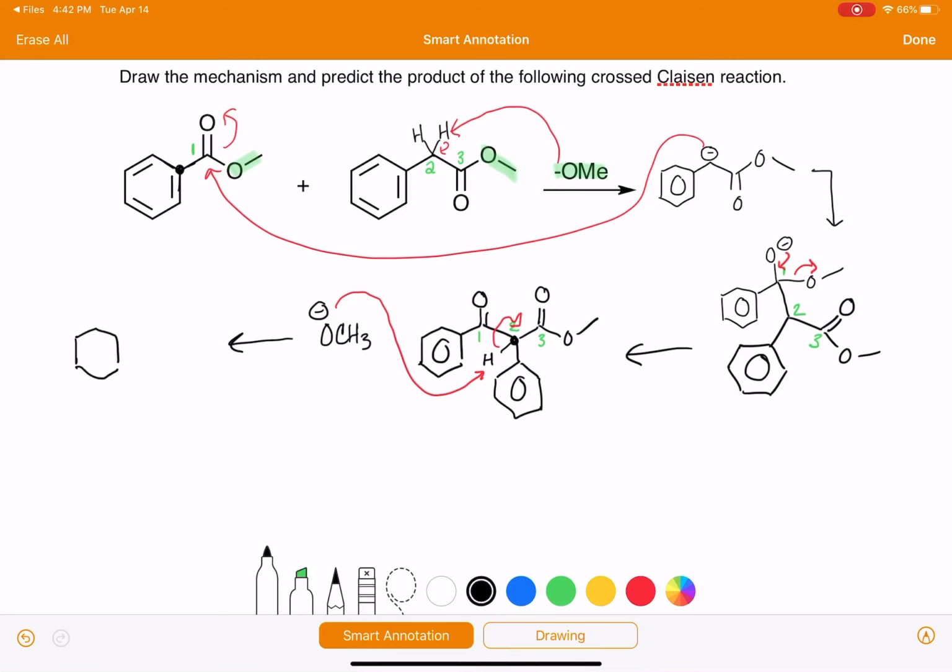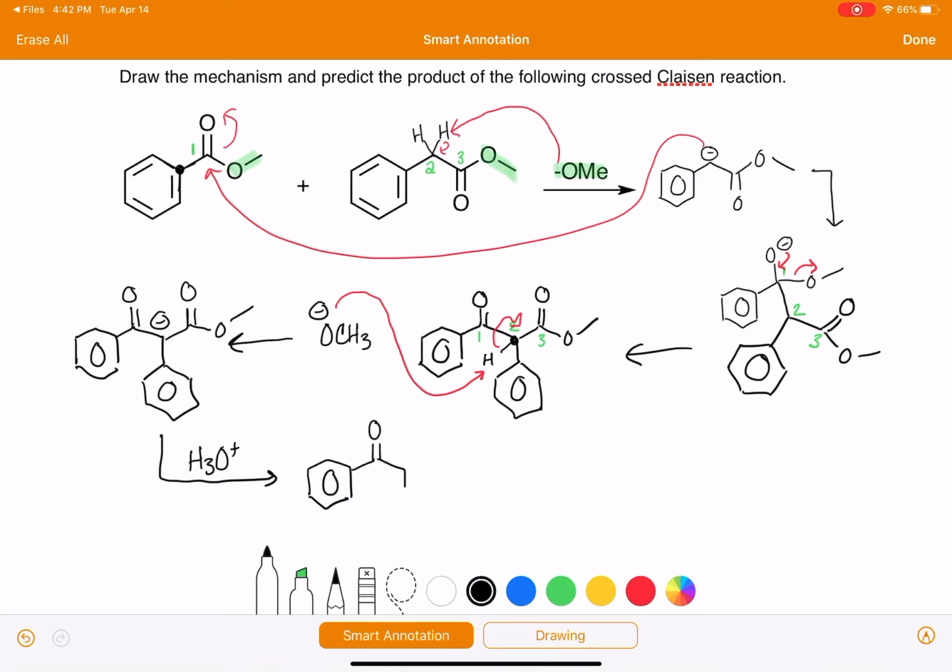And it gives us this enolate. And we're going to protonate the enolate with some acid and put that hydrogen right back. Just like that, and there's our product.